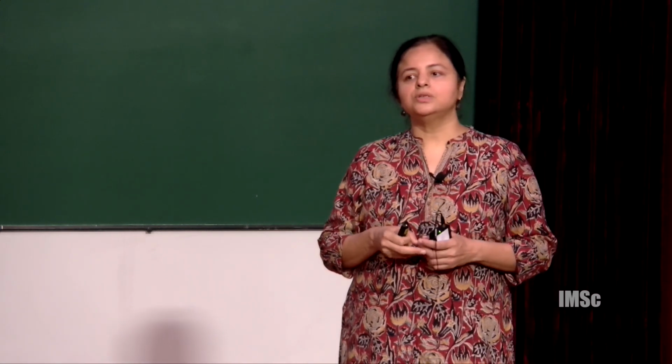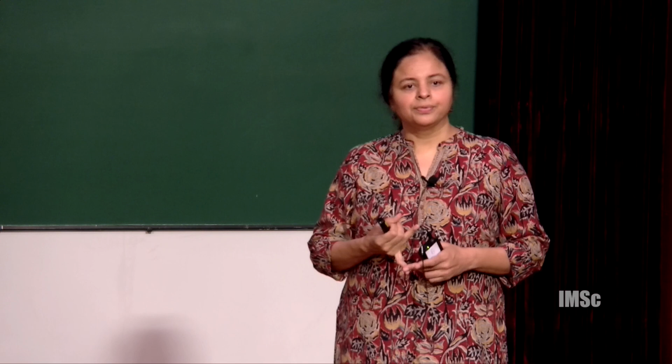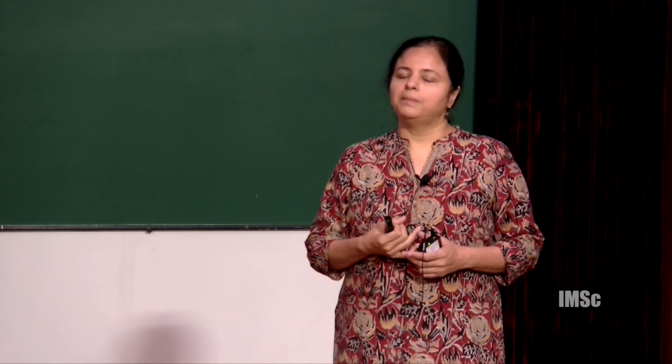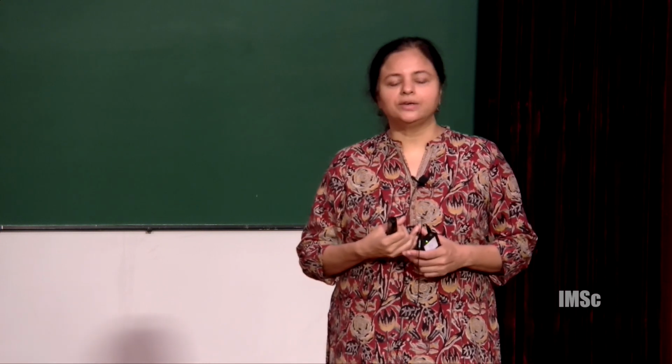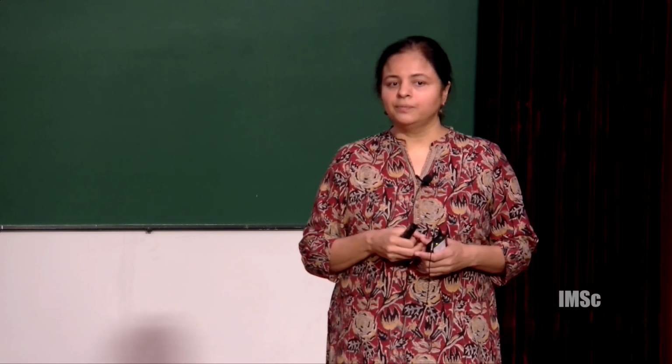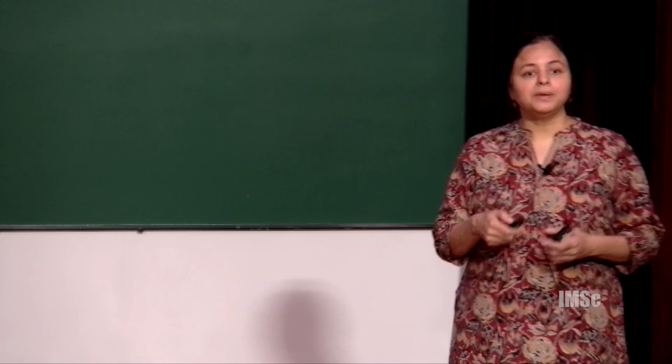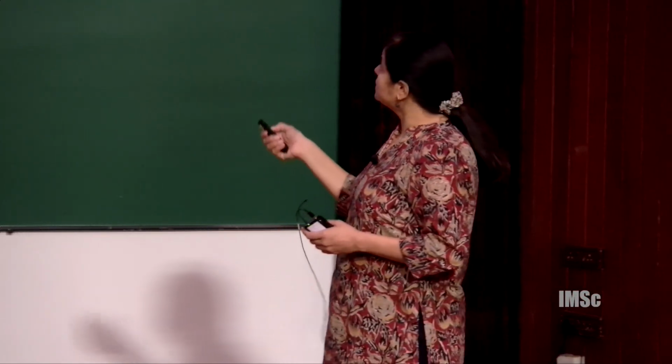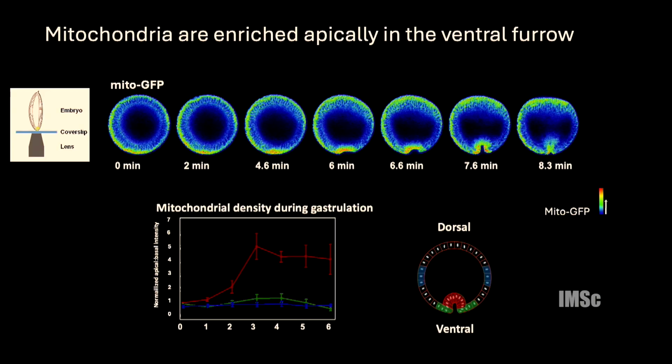One possible reason is calcium buffering. Another could be related to metabolites which are needed in these local regions of the cell. One of them could be ATP. The reason I'm not saying ATP confidently is because in this study, we changed the shape of mitochondria so that they remain at the base.